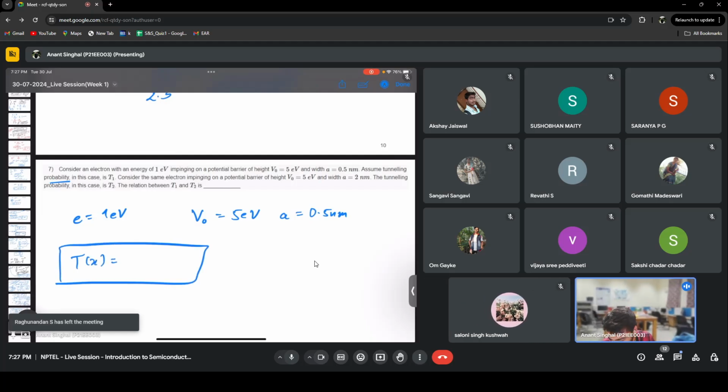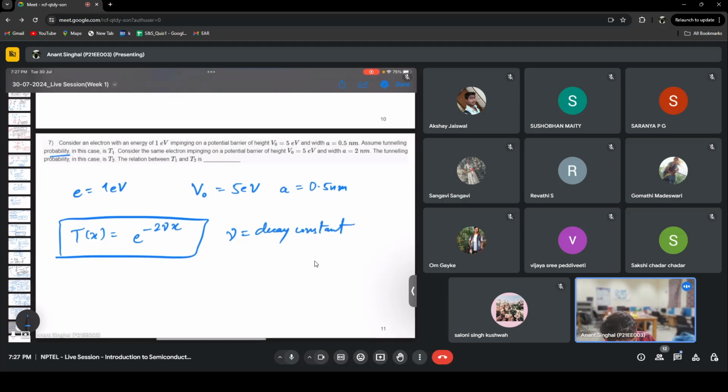It is given by e raised to minus 2 gamma x, where gamma is the decay constant and x is the width, and gamma is given by the square root of 2m(V naught minus E) by h bar square.